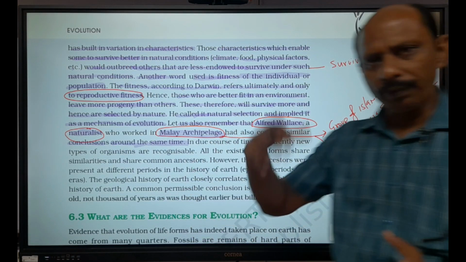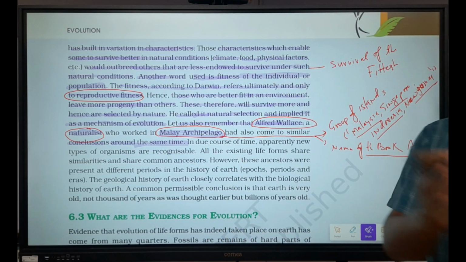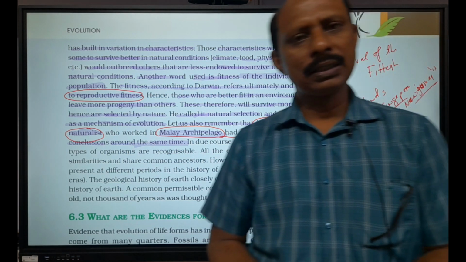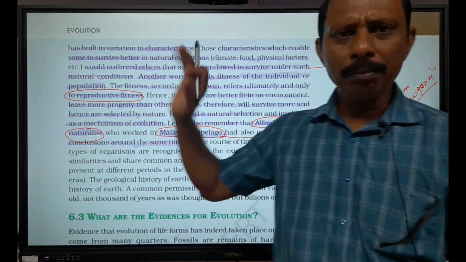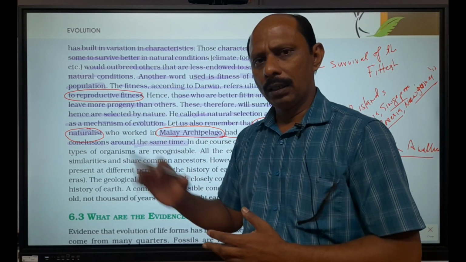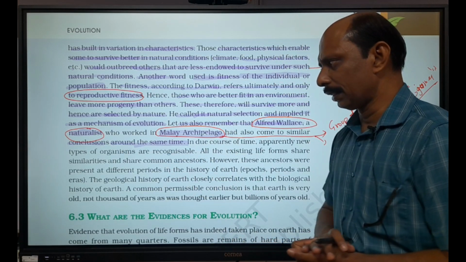With the help of this Wallace chart and his own observation, Darwin wrote a book called Origin of Species by Means of Natural Selection. At the time Mendel was also there, but Mendel was understated by these scientists.